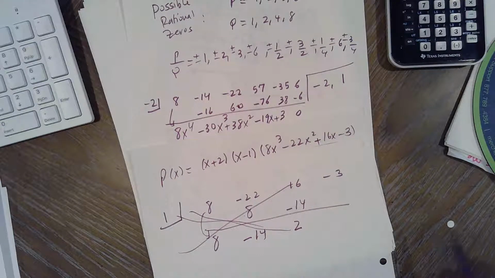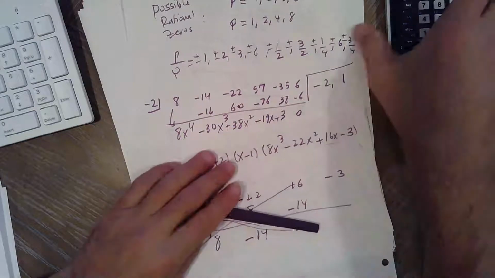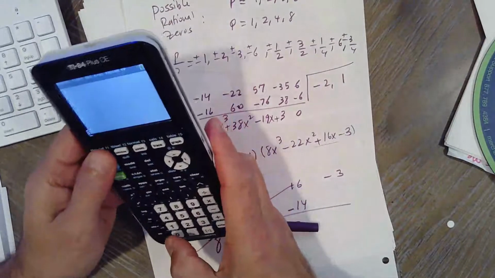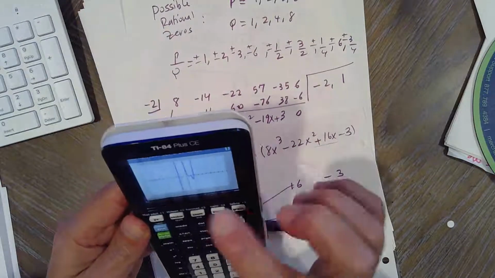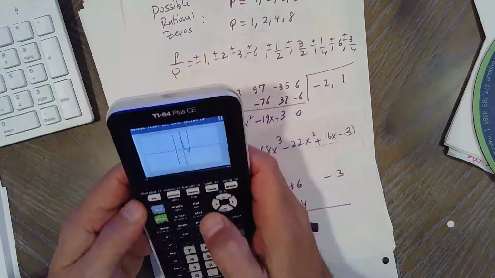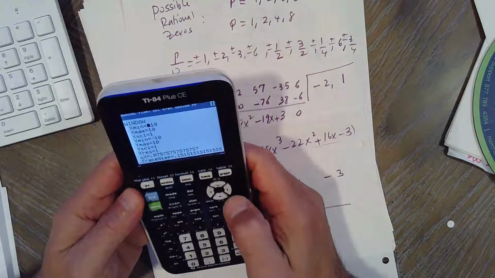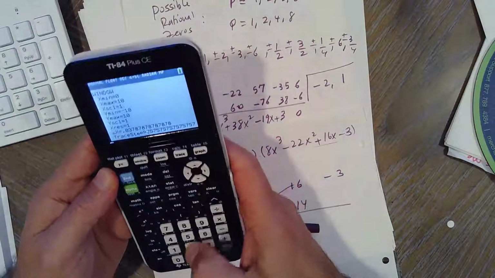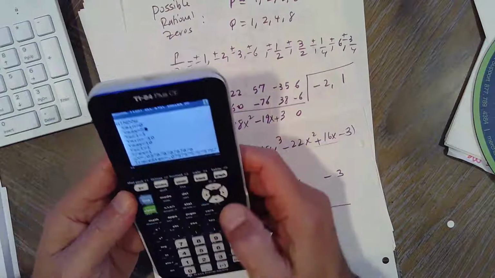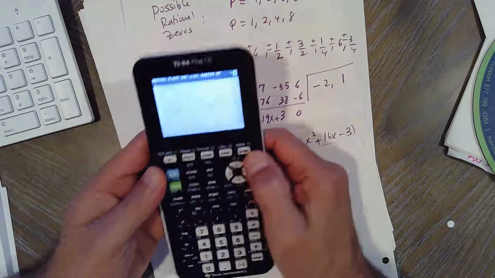Okay, so let's go back to the calculator and look. I want to zoom in on that. So I'm going to set my window from say 0 to 5, and then see if I can see a better picture.